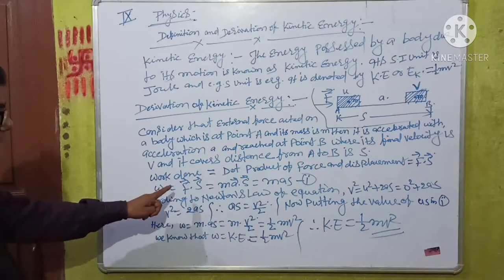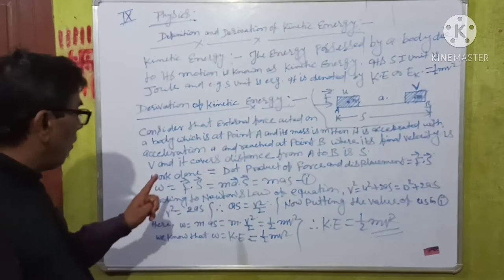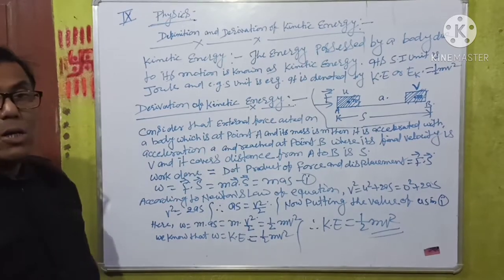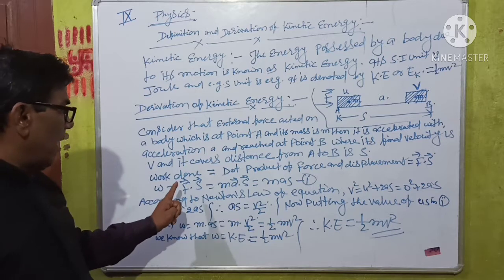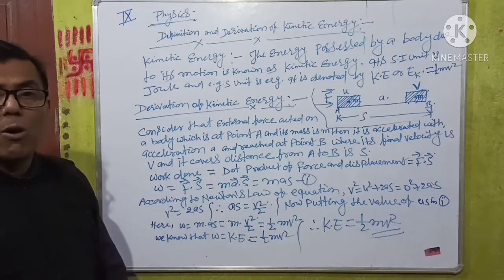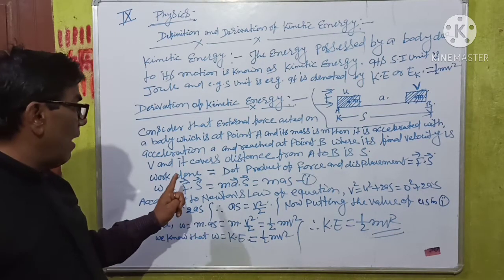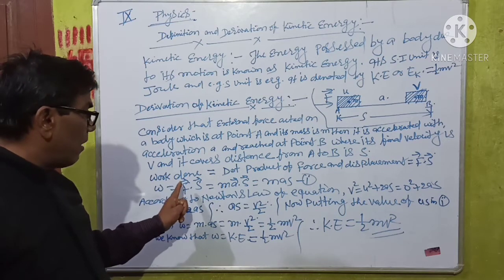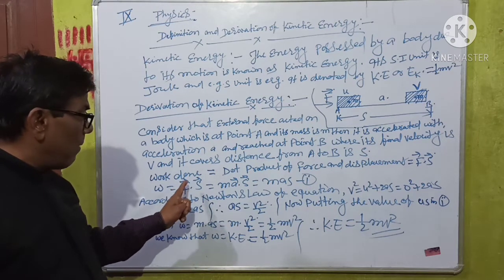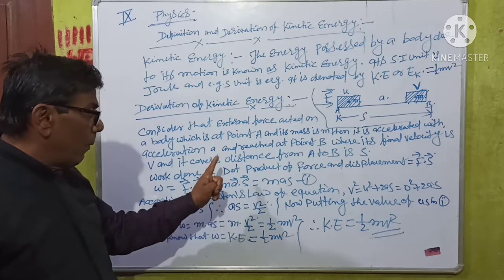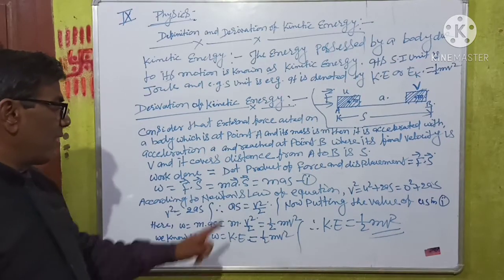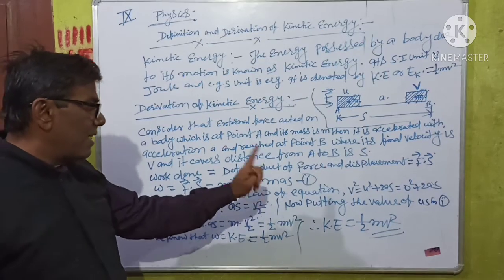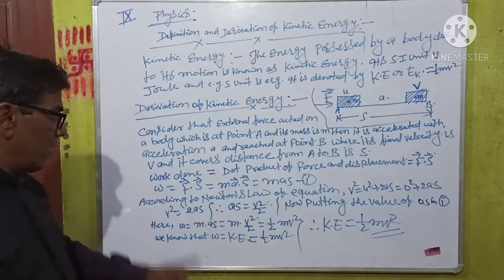So W is equal to F into S. You have also learned in Newton's laws of motion, in the second law of motion, that F is equal to ma. So we put the value of F, and W is equal to m vector a dot vector s, displacement.